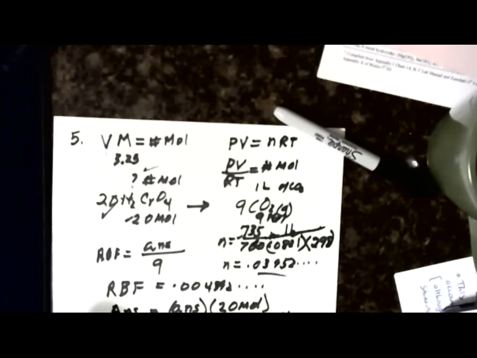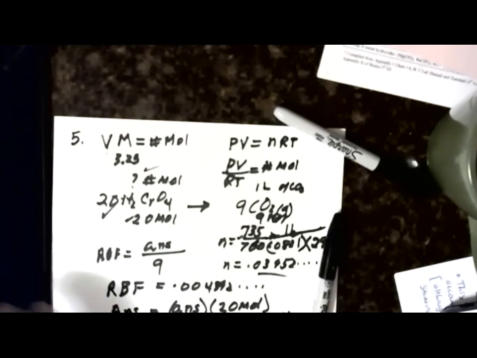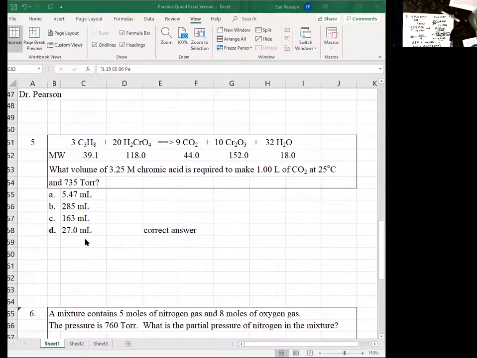If I want milliliters, it'll be right there, 27.028, and other digits, milliliters. And now if we go back and share screen, we can check our answer and see if this is coming out okay. Yep, there it is. 27.0 is the correct answer.